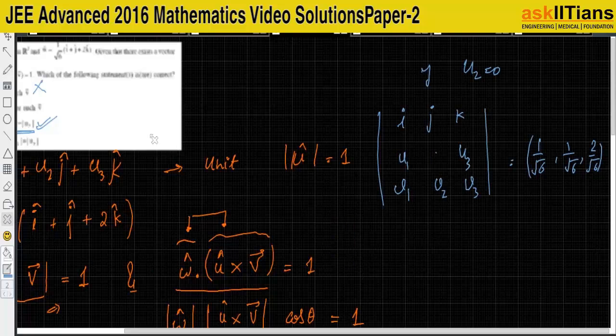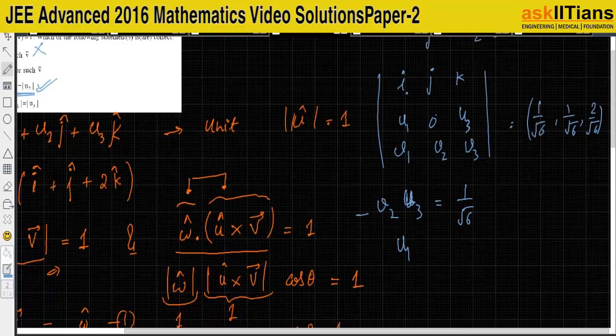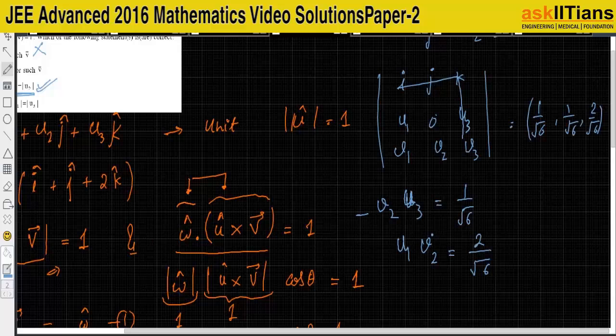With i cap I'll get minus v2 into u3, since there's a 0 here, and this is equal to 1 by root 6. With k cap I'll get u1 into v2, and this is equal to 2 by root 6. Now if I divide these two, what will get cancelled?